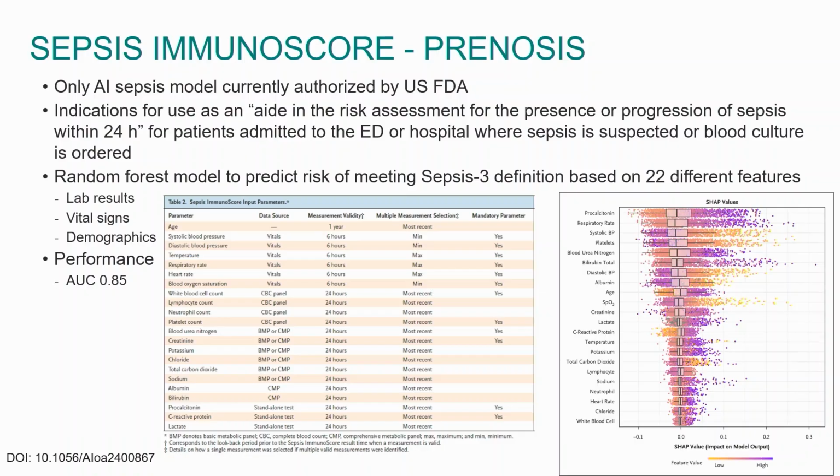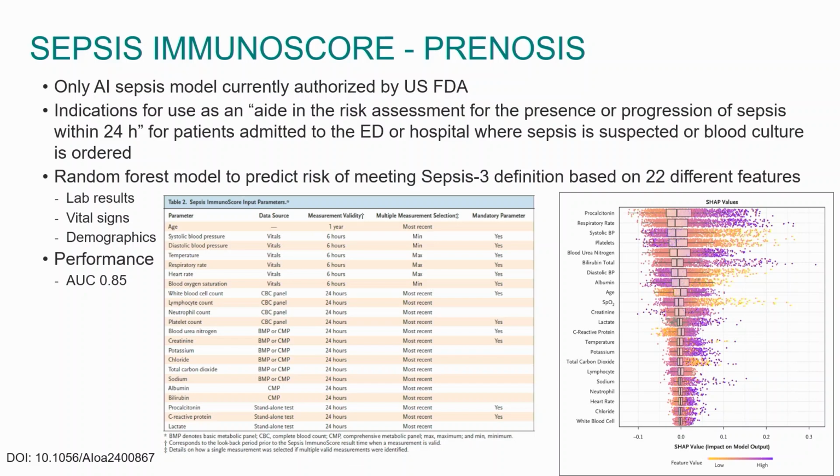It uses what's called a random forest model, so this is true AI. It uses 22 different features or markers to feed into the algorithm, but it is a fixed algorithm, meaning it can only change so far per its FDA clearance.